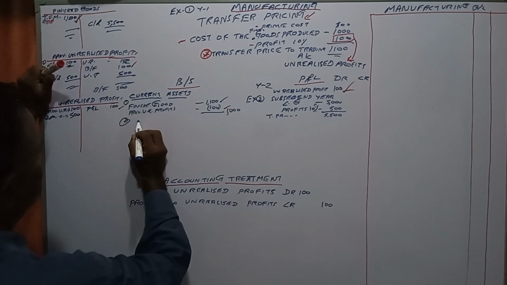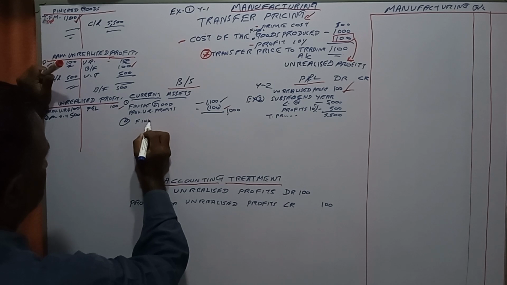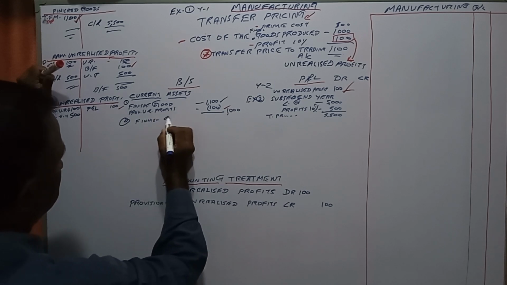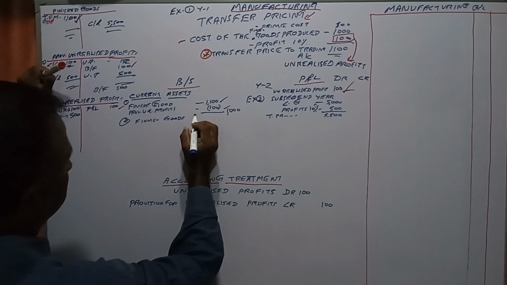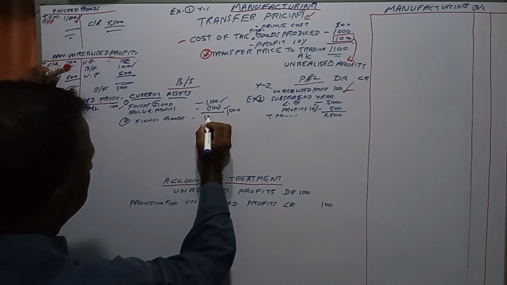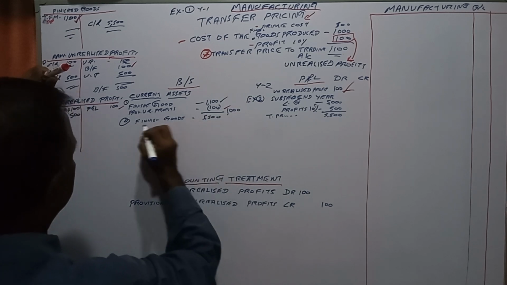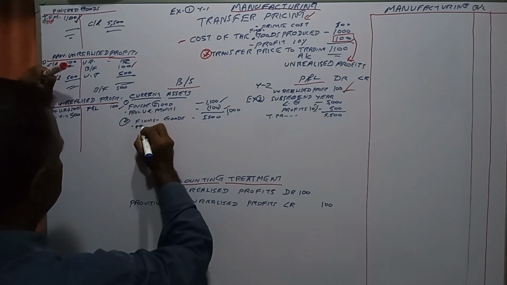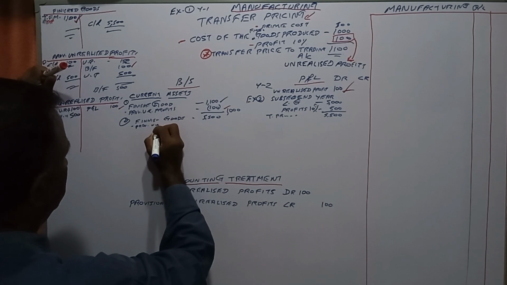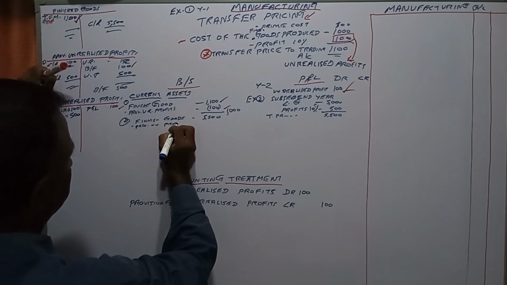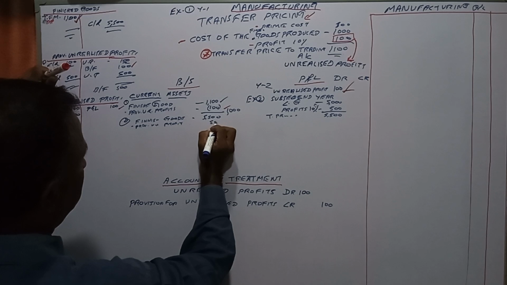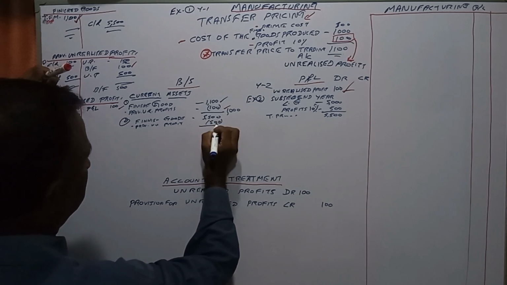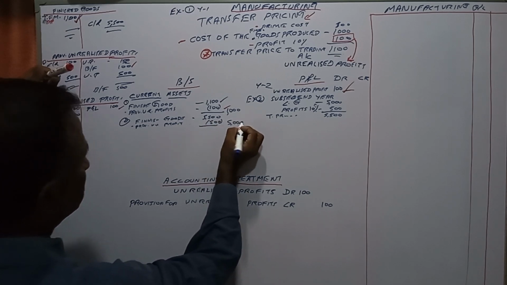Year 2 we say finished goods 5,500 less provision for unrealized profits 500, then 5,000 is the cost.